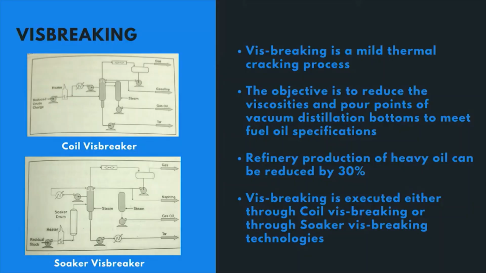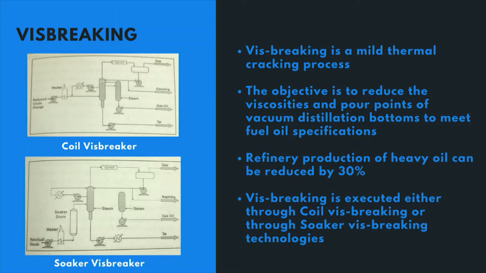Then the next process unit is known as the visbreaker, or the process known as visbreaking. Visbreaking is a mild thermal cracking process. As the name suggests, the objective of this unit is to reduce the viscosity and the pour point of the vacuum distillation bottoms to meet furnace oil requirements.